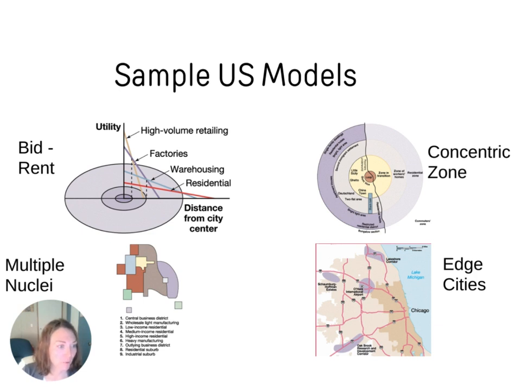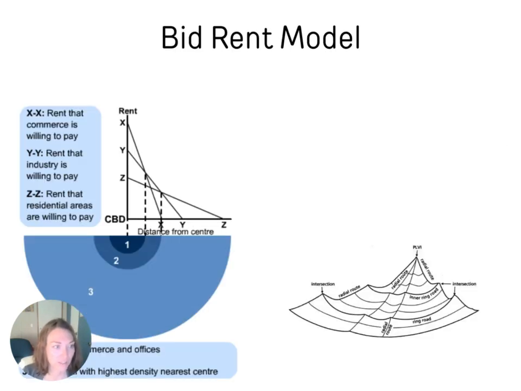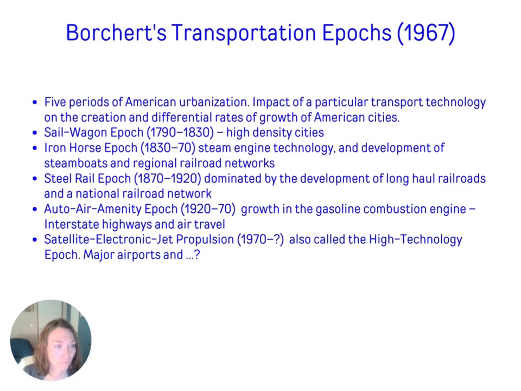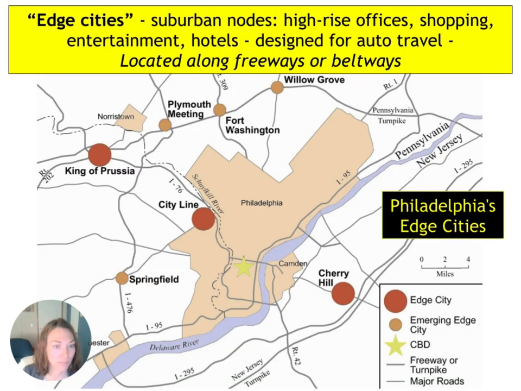Some sample US models. So we have that multiple nuclei. We have the edge city, the concentric zone. We have bid rent, which basically says that land near downtown is more expensive. This is kind of an interesting slide, but we're going to skip that.